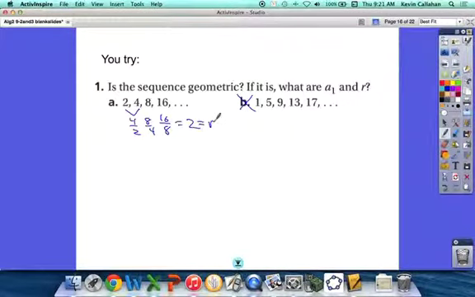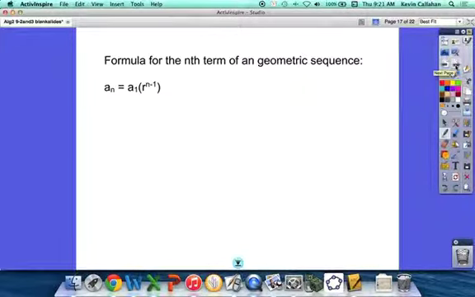Okay, so just like with arithmetic, for geometric, we have a formula for the nth term of the sequence, right? And that's the formula. Again, you're given the formula. You don't have to remember that. You just have to know how to use it.